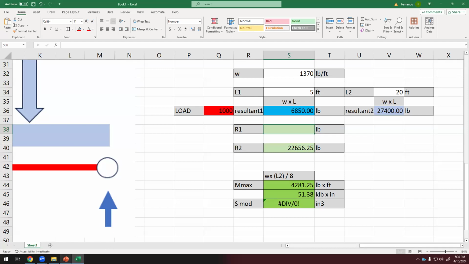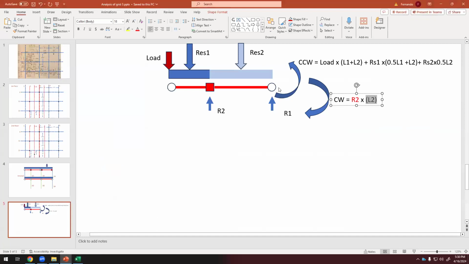So what is R1? Now this is very easy because everything that goes down equals everything that goes up. We have already calculated R2. So R2 plus R1 equals the load plus resultant 1 plus resultant 2.